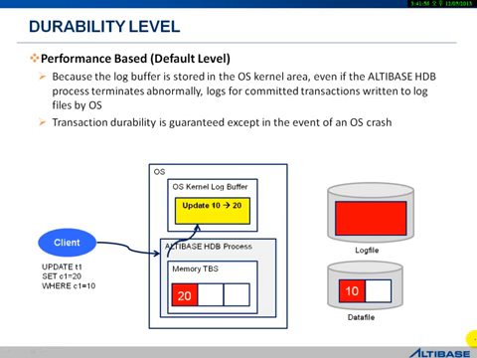And now what do you think will happen when commit is executed? Because it is performance-based, the commit log is recorded into the log buffer. Then the transaction finishes executing and the OS is now in charge of flushing into the log file.